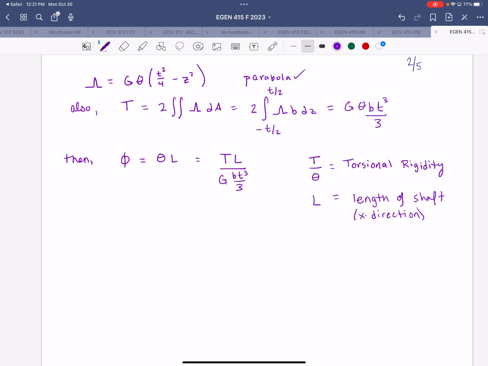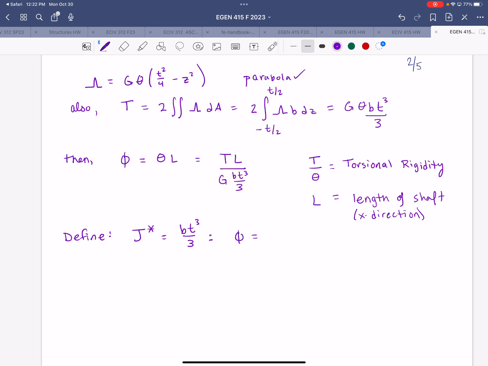All right, so at this point, we're going to define a term purely for convenience. We're going to call it J star and set that equal to bt cubed over 3.